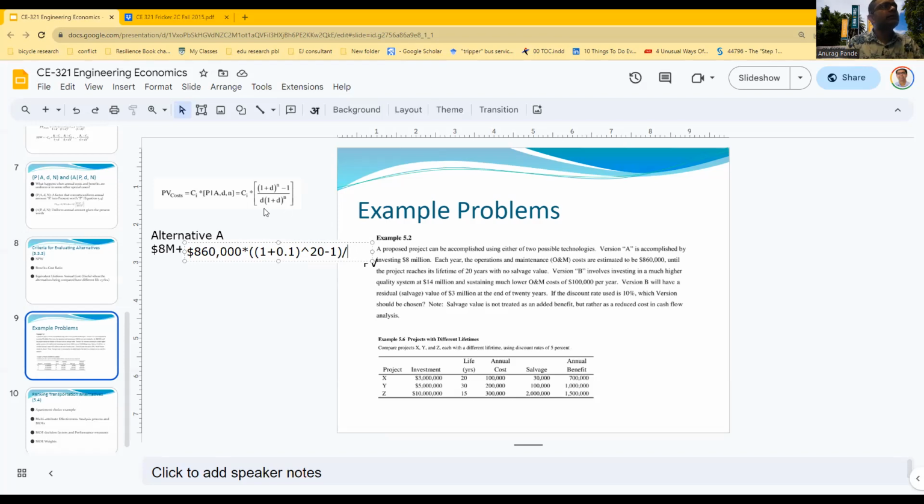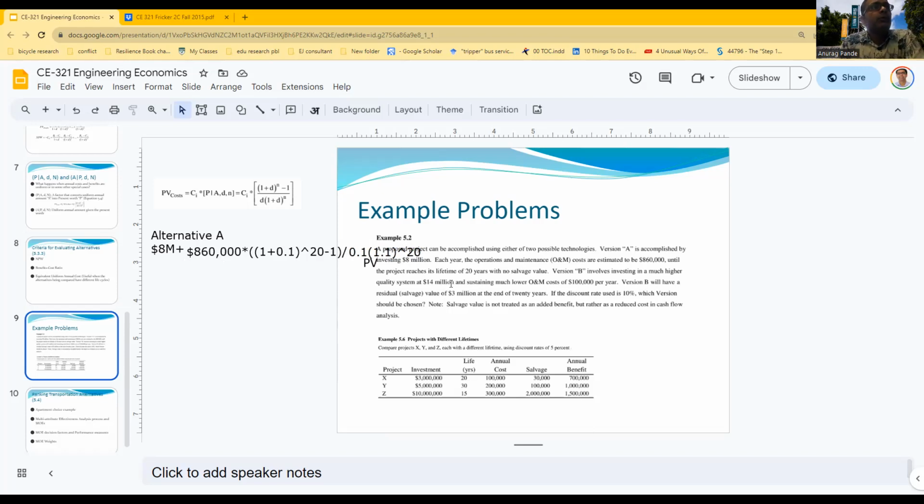D is 0.1, so I'm going to divide that by 0.1 times 1.1 raised to the power 20. Does that make sense to everybody? If you compute all this, you're going to get the present value of alternative A.